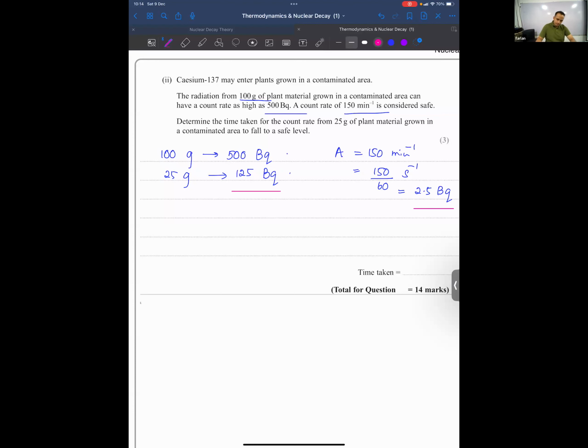So A equals A naught e to the power minus lambda t. If I take the log version of it, ln A equals ln A naught minus lambda t. That is ln 2.5 equals ln 125 minus lambda t.